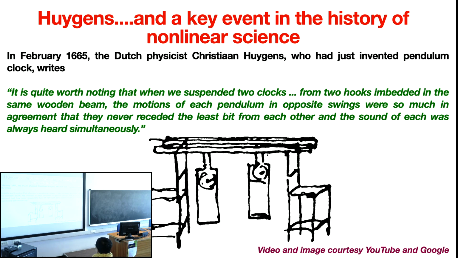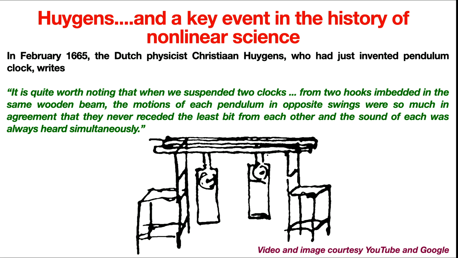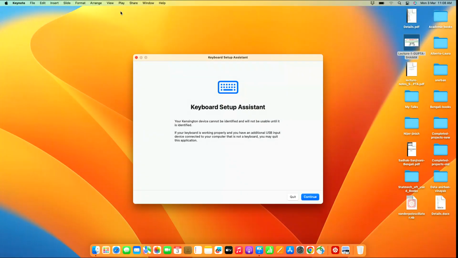Anyway, pendulum clocks are basically sticks that you hang from some support, and then you let them go, and they exhibit some periodic motion in time. It was invented by this Dutch physicist in 1665, and he was bedridden, writing a letter to his father. Not email, of course, a letter in which he talks about this particular experiment.